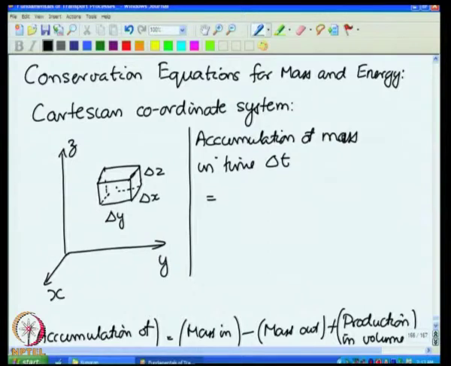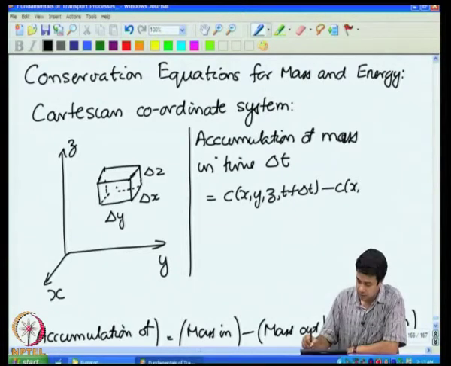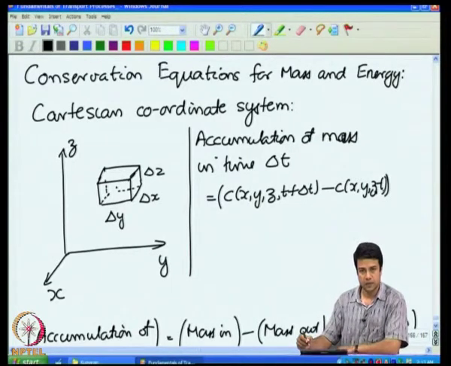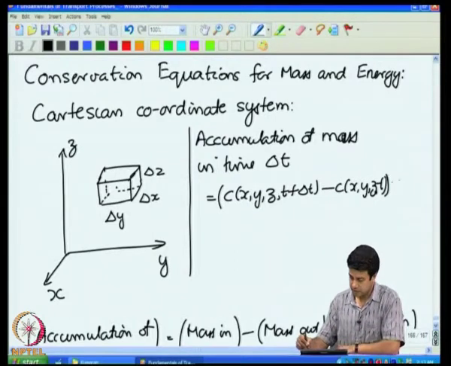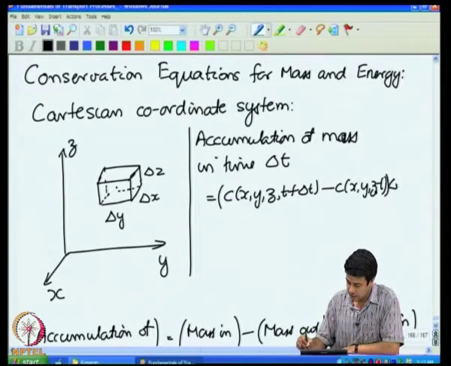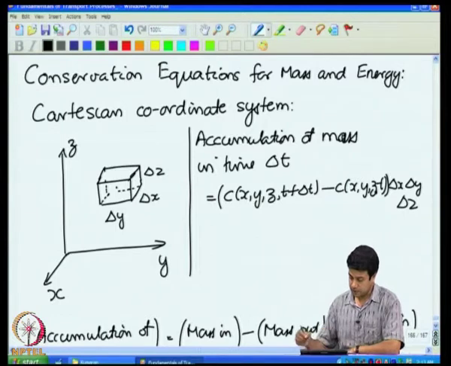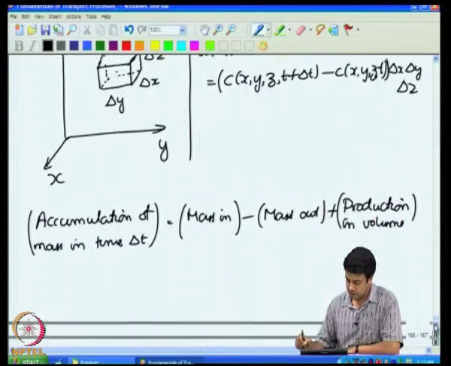So, this is going to be equal to C at x, y, z, t plus delta t minus C at x, y, z, t, multiplied by the volume. The volume of this is delta x times delta y times delta z. So, that is the accumulation of mass within the time delta t.